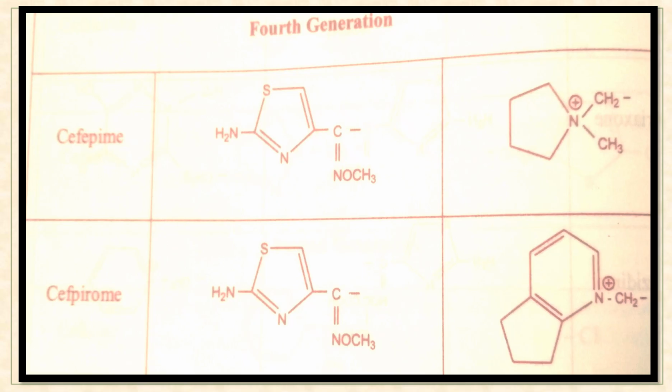And we have the fourth generation. They have better gram-negative activity and beta-lactamase resistance, and mainly they exist as zwitterions.